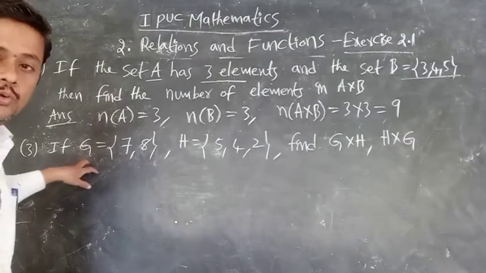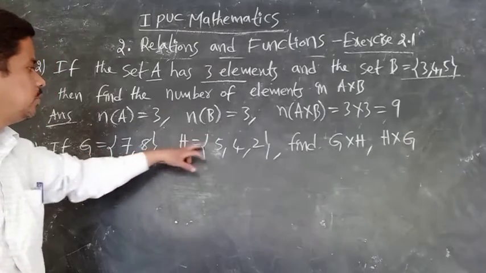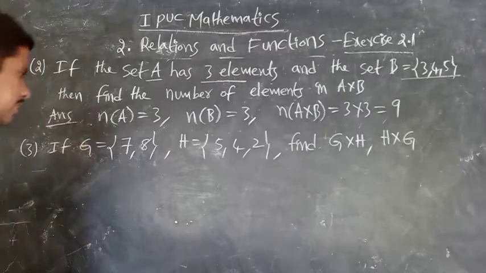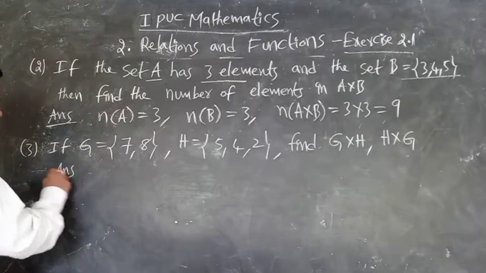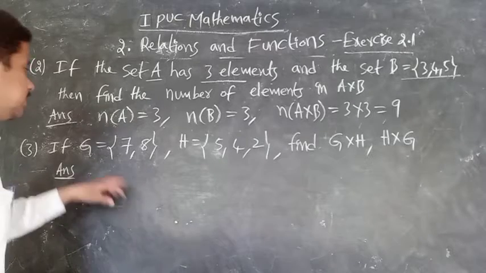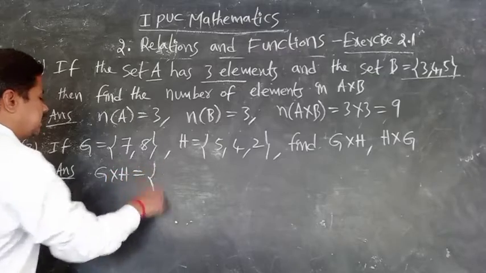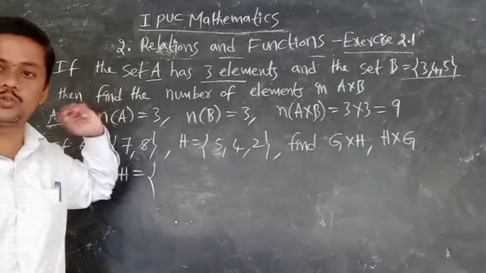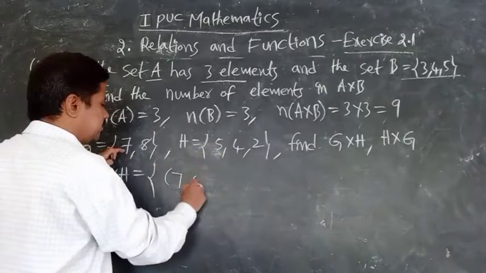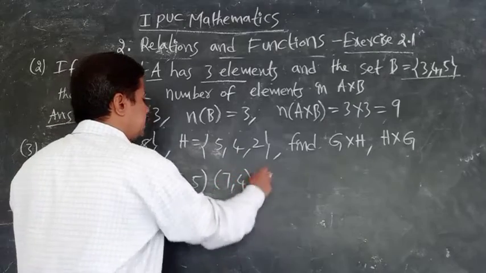Next we will move to the third question. If G is equal to 7, 8 and H is equal to 5, 4, 2, find G cross H and H cross G. So G cross H: 7 is there now. 7, 5, 7, 4, 7, 2.